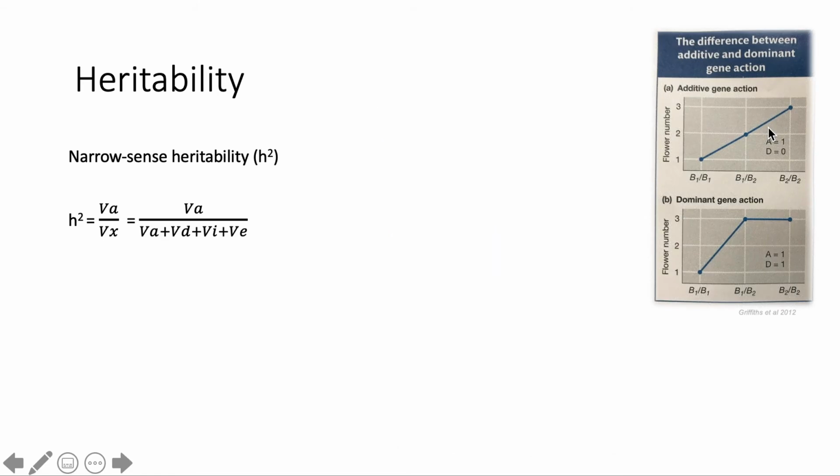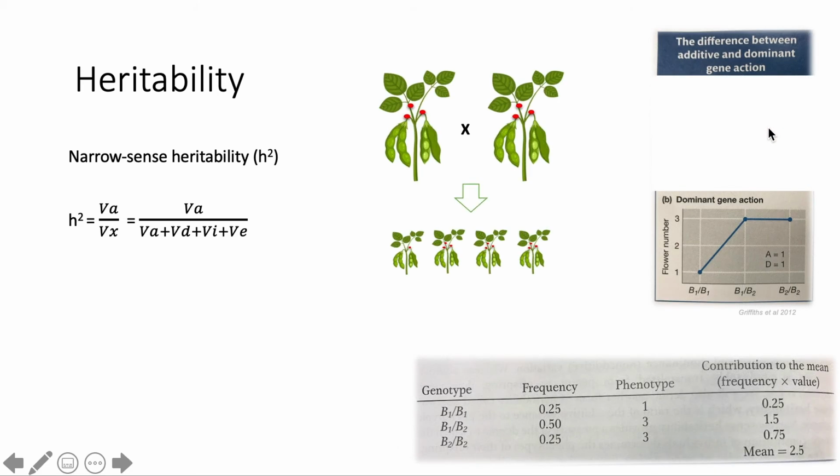But on the other hand, if the action is dominant, we can cross again two plants with three flowers. But in this case, just imagine that the two plants are heterozygous. They are heterozygous and have three flowers because the B2 allele is dominant, and that basically gives the phenotype of three flowers to the two plants.